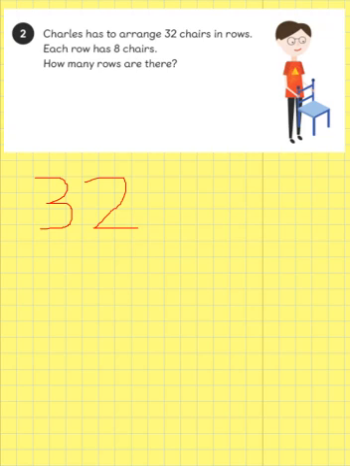So 32 chairs, and there needs to be 8 chairs in each row. And I'm looking at this question, it's asking me how many rows there are. So I'm thinking that with this one, I'm tempted to divide. I don't know why at the moment, but we'll have a look at that in a second. I'm going to divide by 8.